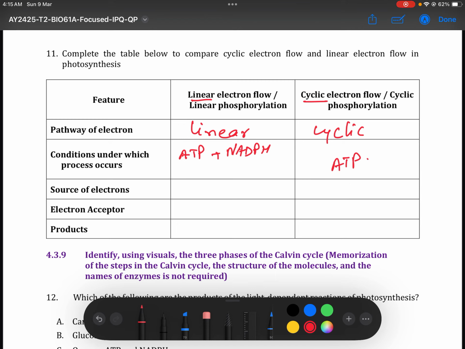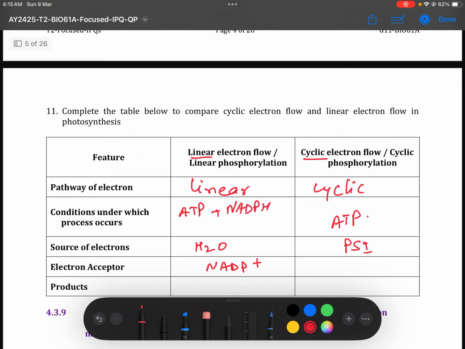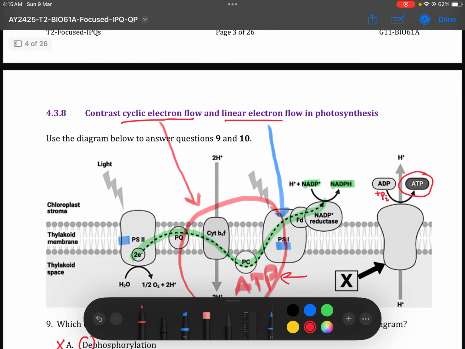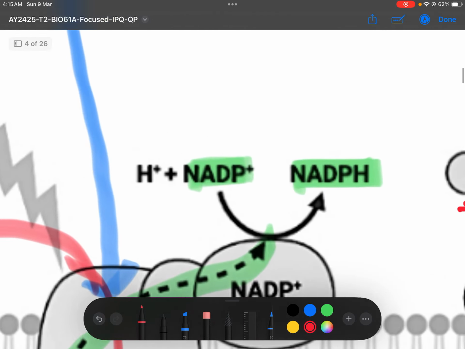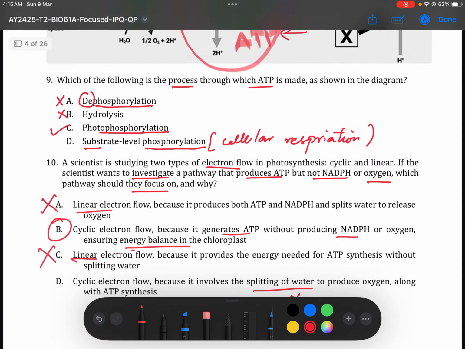Sources of electrons, who gives the electron over here? For sure we know that it is water, and over here it is PS1 itself. Electron acceptor, who is the electron acceptor in the linear pathway? That is NADP plus. We learned it up over here. NADP plus is the final electron acceptor.